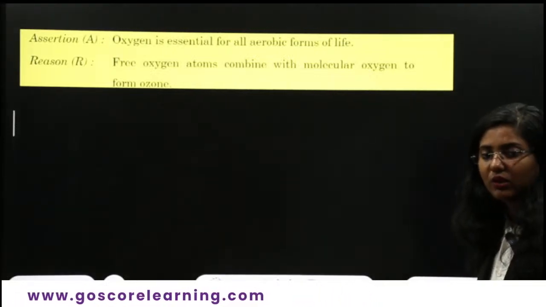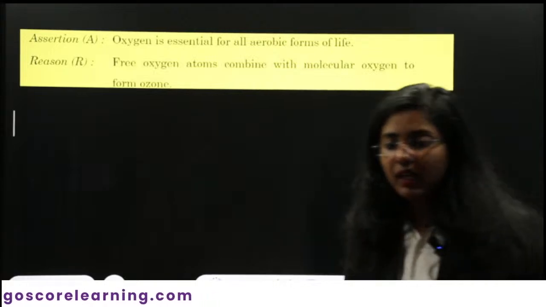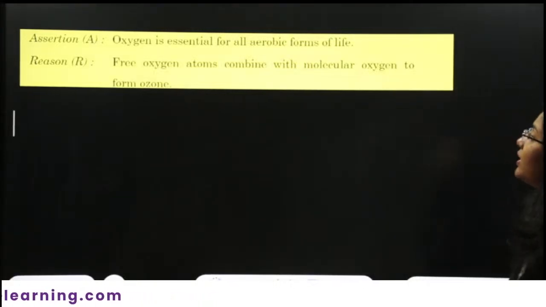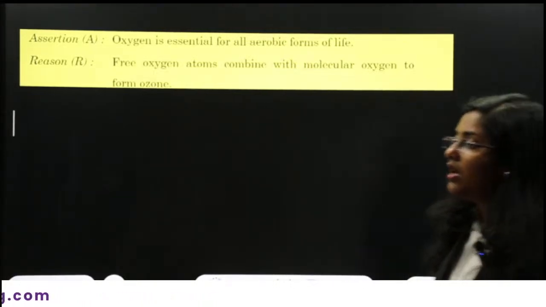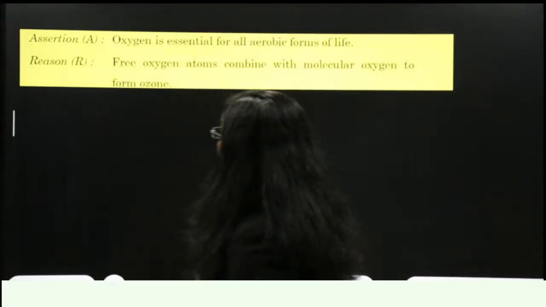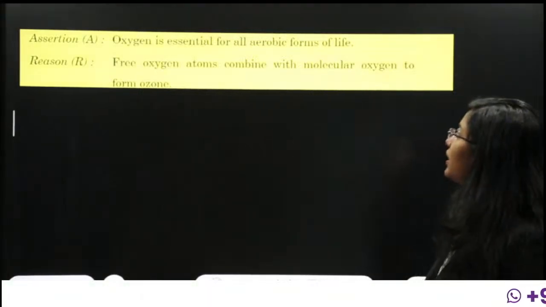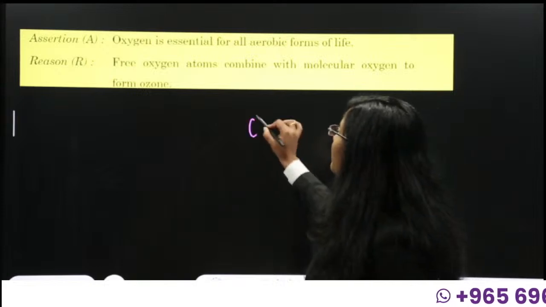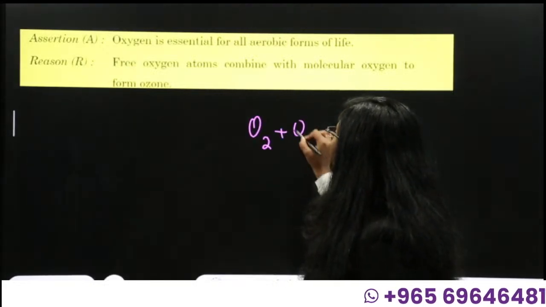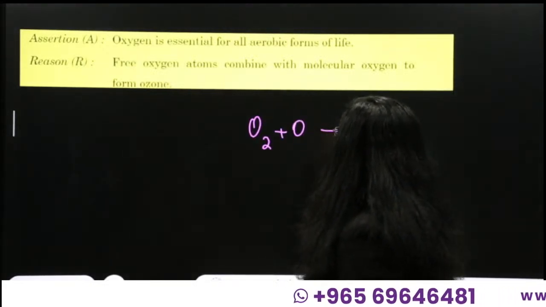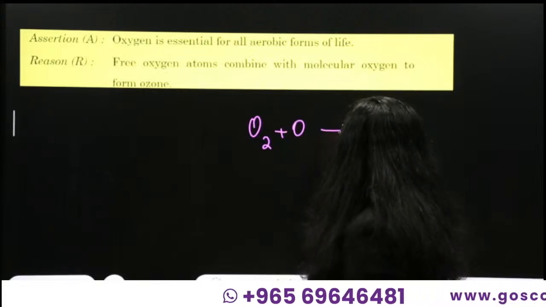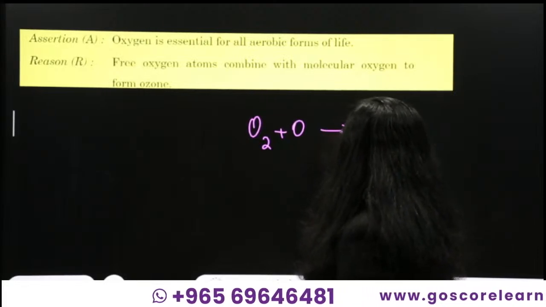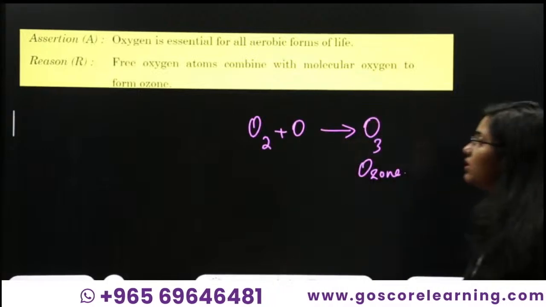That statement is also correct, right? When a free oxygen atom combines with molecular oxygen, O3 is formed, and that is ozone. But there is no relationship between the first statement and the second statement.